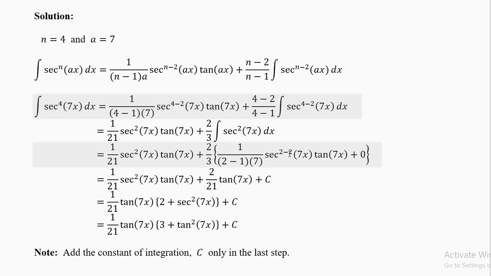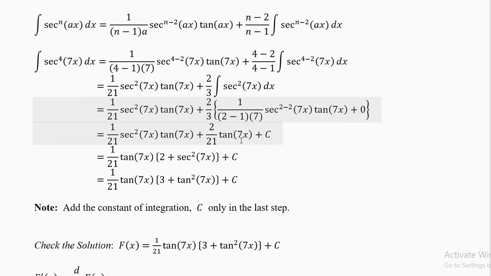Secant power 2 minus 2 is secant power 0. So we'll write 1 into tangent power 7x plus 0. Because when you put n equal to 2, the integration term will disappear here. So we write plus 0 here. Now you'll have 2 over 21 plus into tan 7x and remember the constant of integration.